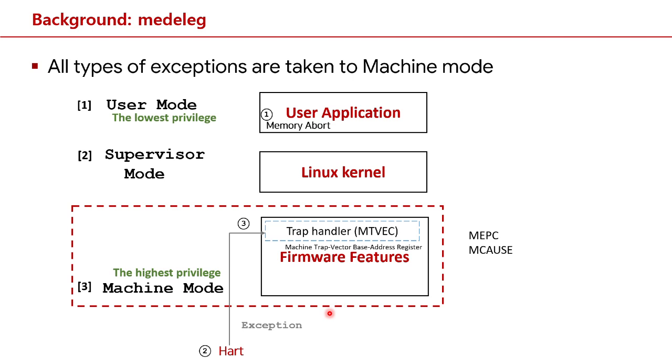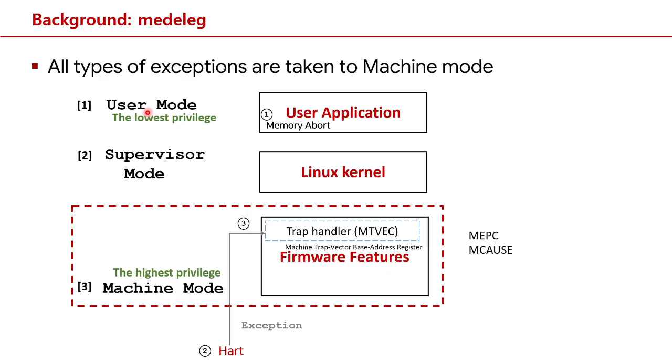About this slide, this diagram will show you the default control flow when an exception occurs in user mode. For better understanding, let's go through each step one by one. As the first step, the memory override occurs in the user mode.